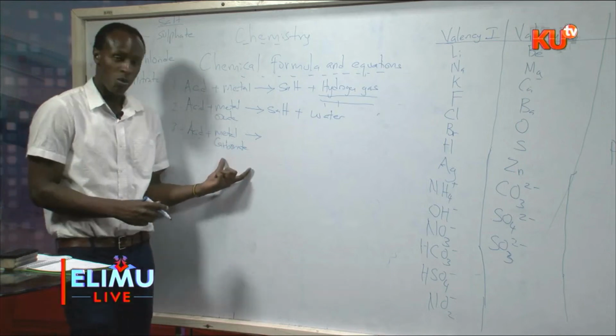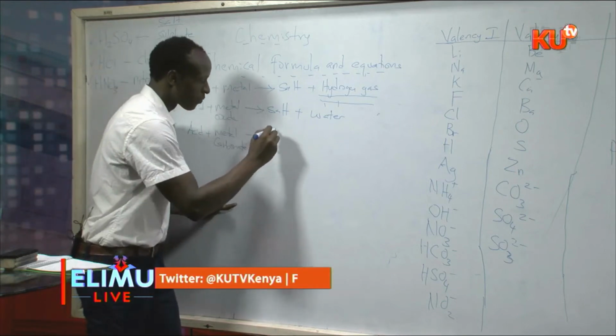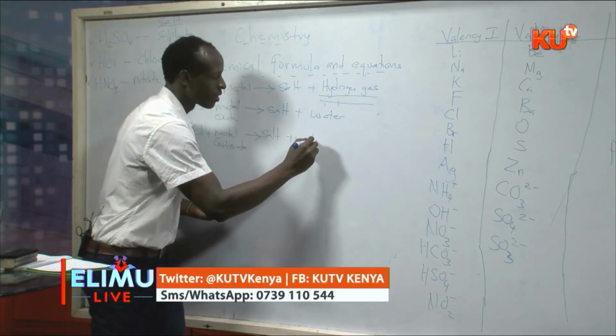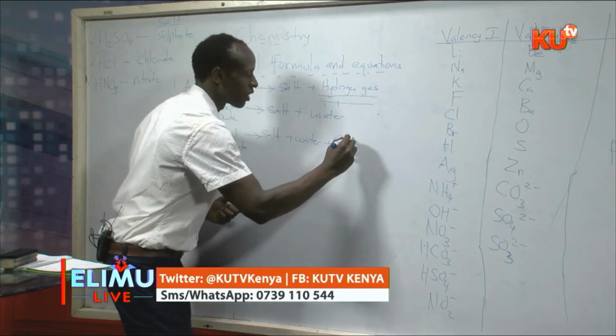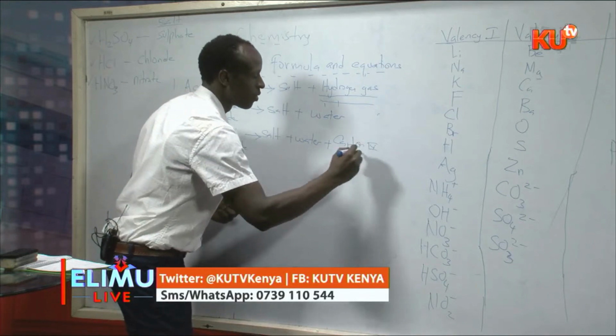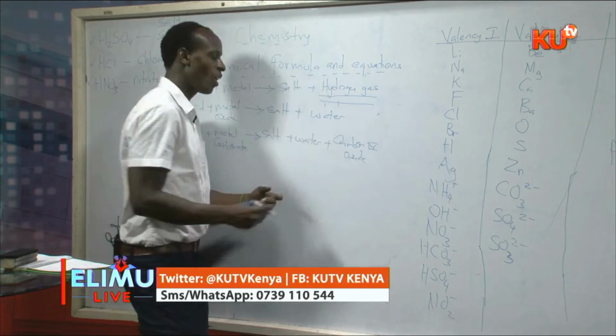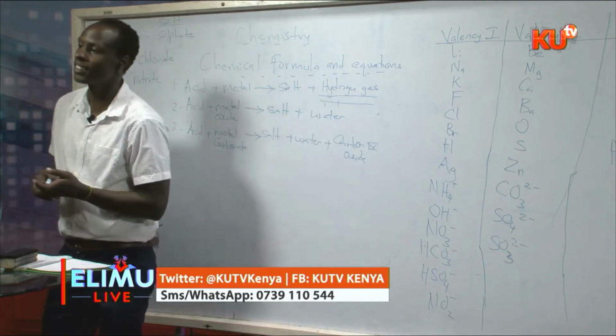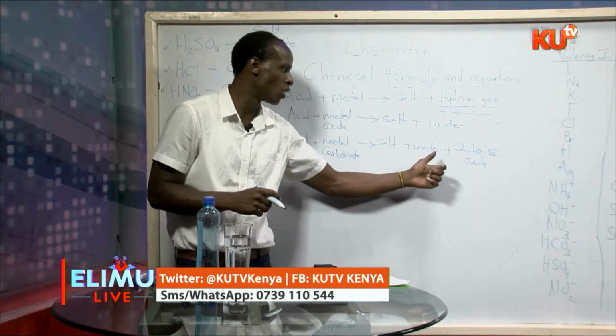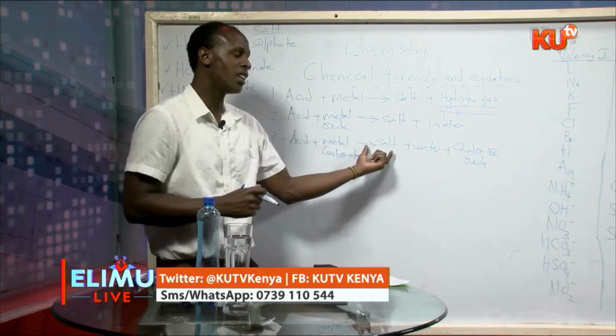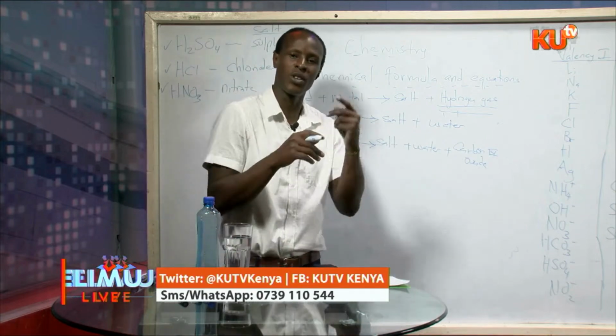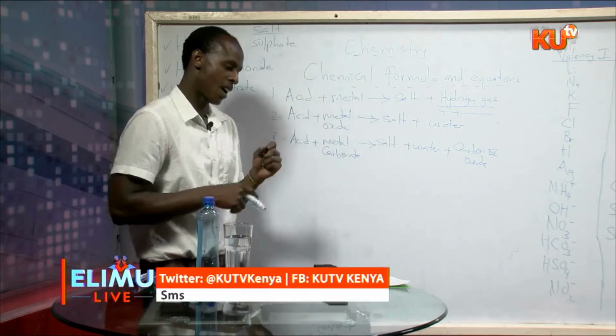Now, this is a metal carbonate. So you get salt, water, and carbon 4 oxide. If you have a metal carbonate plus an acid, always you'll get a salt, water, plus carbon 4 oxide. The name of the salt is easy to get: you just take the metal and the acid.